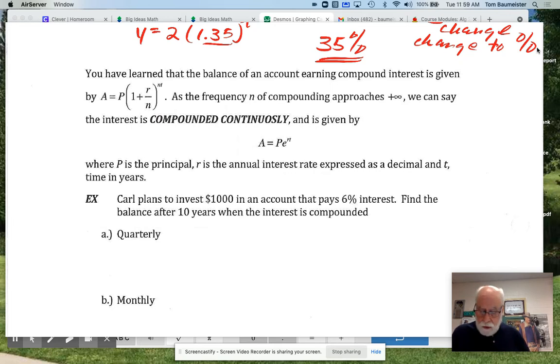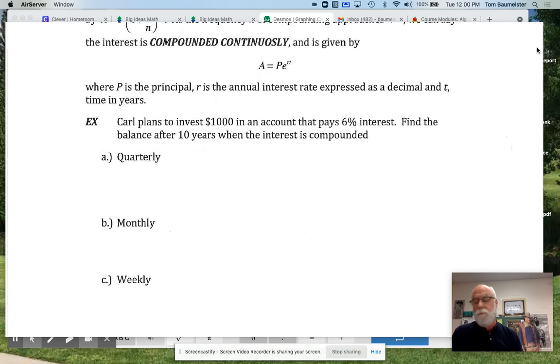As the frequency n of compounding approaches positive infinity, we can say that the interest is compounded continuously and is given by A is equal to P, which is the principal, times e raised to the rt, where r is your rate as a decimal and t is your time in years. So we're going to look at an example to see what happens here.